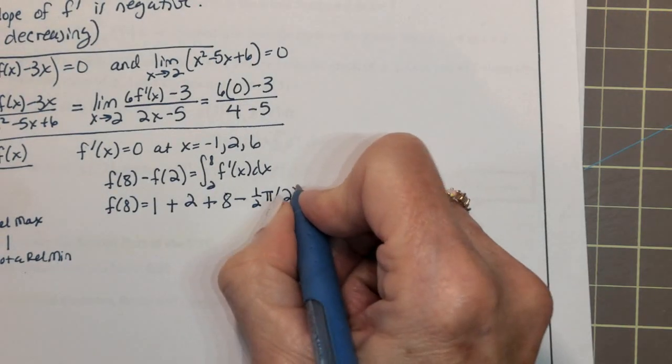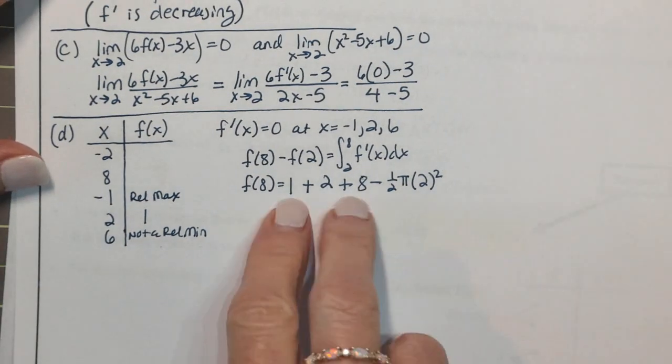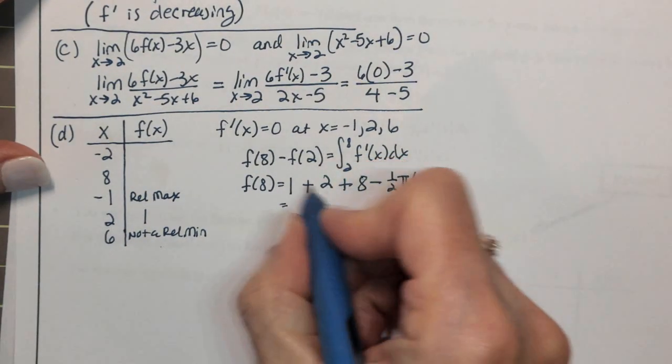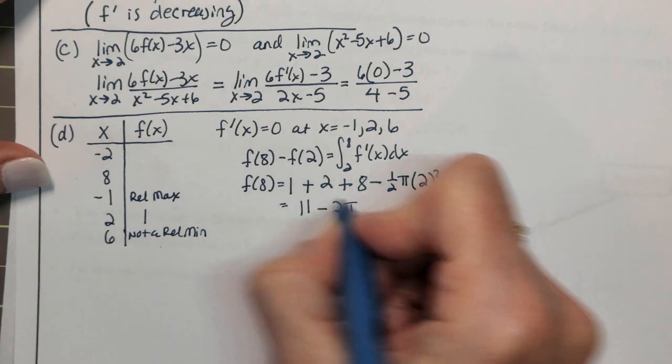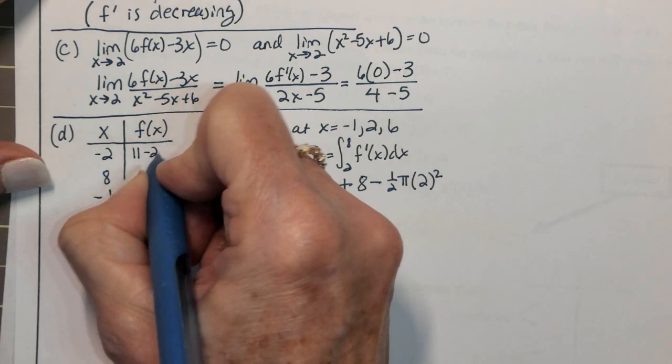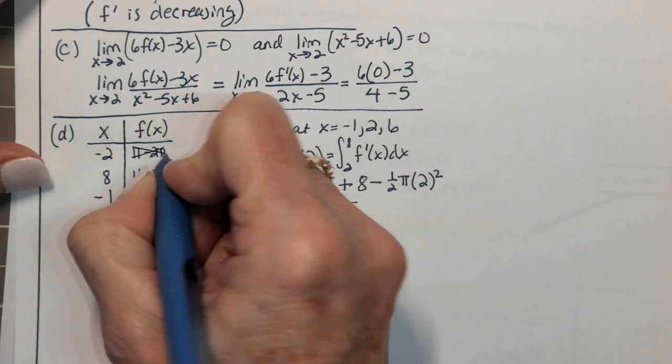Radius 2. Okay, so this would be 8 minus 2 pi. Oops, that was 8. I put that under the wrong one.